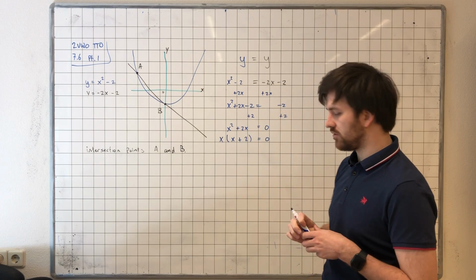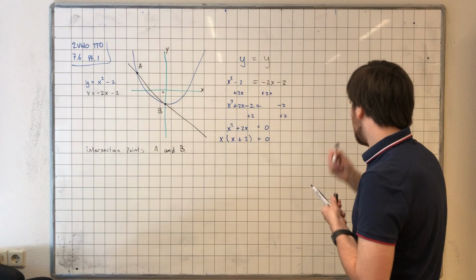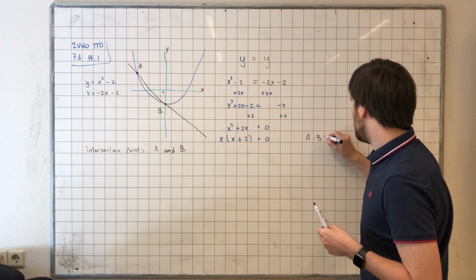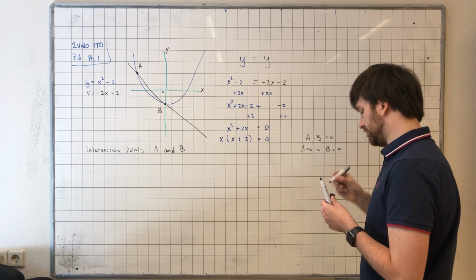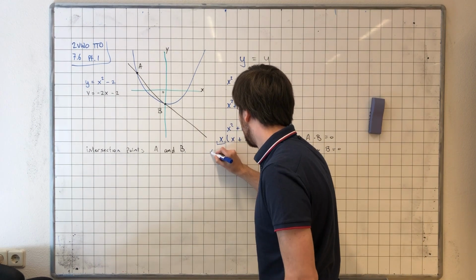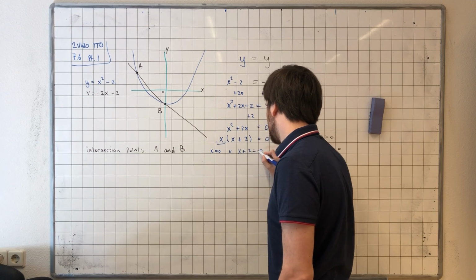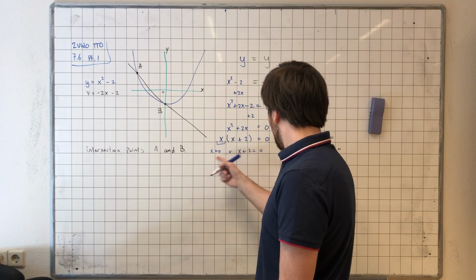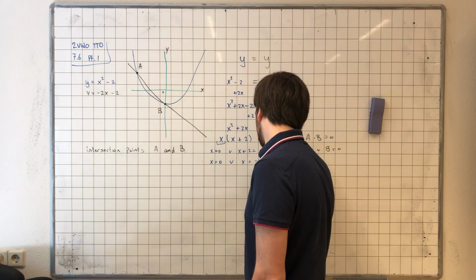Why did we do this? If we do this, we can use the a times b equals 0 thing, in which a is 0 or b is 0. So either this first part is 0, x is 0, or x plus 2 is equal to 0. In this case, x is just 0, or x is equal to minus 2.